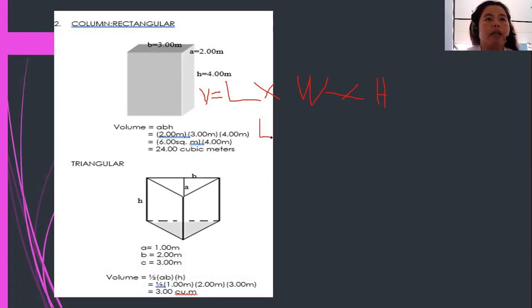Okay, so let's substitute: 3 times 2 times 4. So 2 times 3 is 6, then the 4. So 6 times 4 is 24 cubic meters.